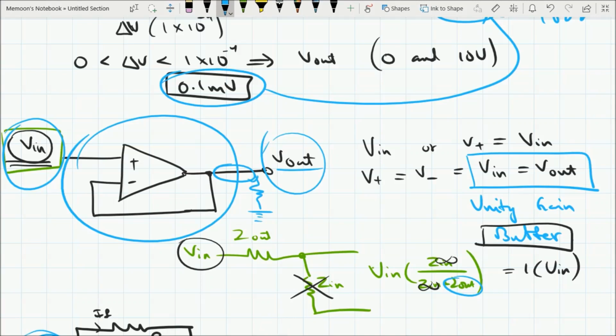There is no ground. This expression will become equal to 0 and there will be a unity gain, just like in this derivation that we found out. So a non-inverting amplifier with a unity gain is a voltage follower circuit, a unity gain buffer. The second name of this configuration, the unity gain buffer, is a voltage follower circuit.